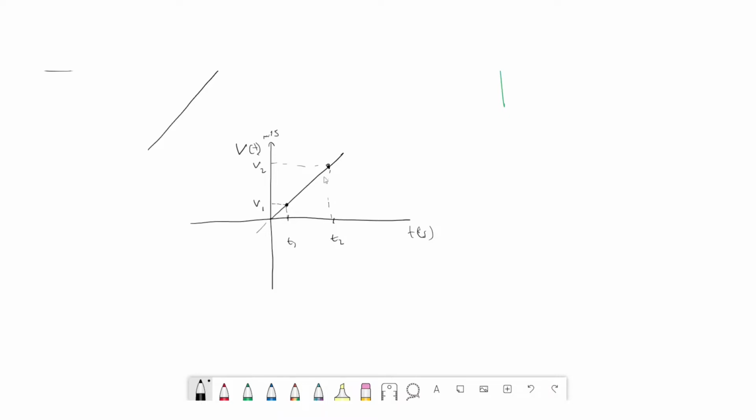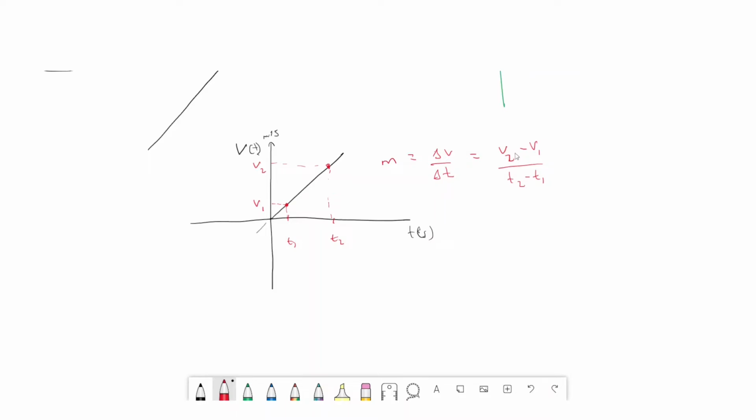And then what you do is you are finding the slope, so the slope for this graph is going to be change in V over change in T, which is equal to V2, sorry, minus V1, over T2 minus T1. All right, so this is what you are going to have eventually when it comes to this.